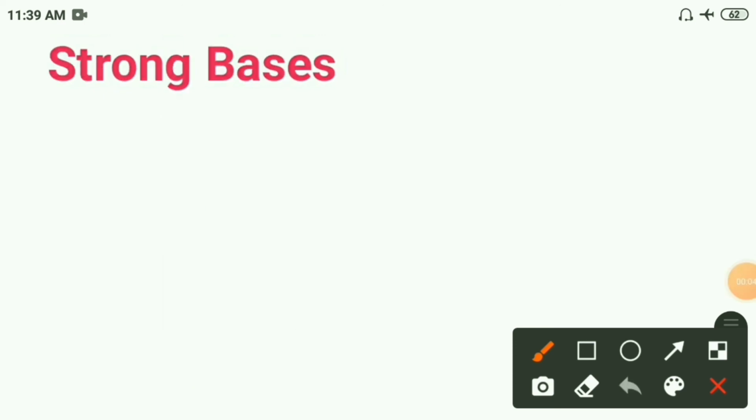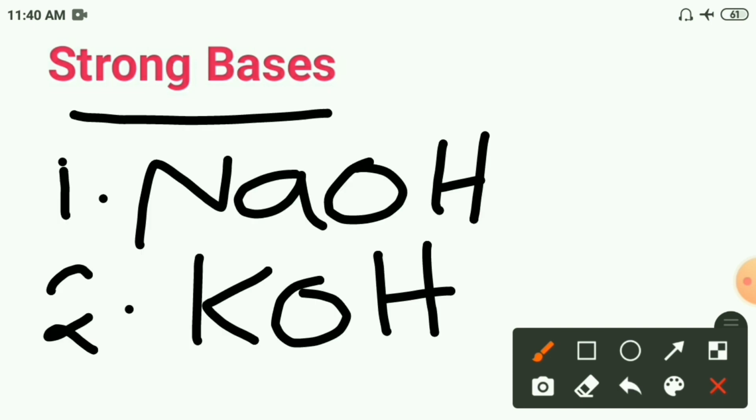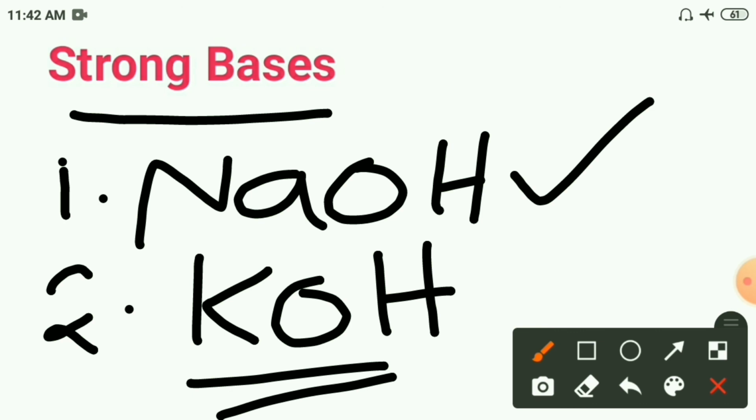And we can see the best examples of strong bases. The first example for the strong bases is NaOH. Its chemical name is sodium hydroxide. It is also called caustic soda. And the second example for the strong bases is KOH, its chemical name is potassium hydroxide.